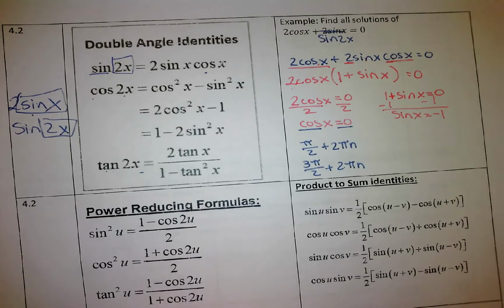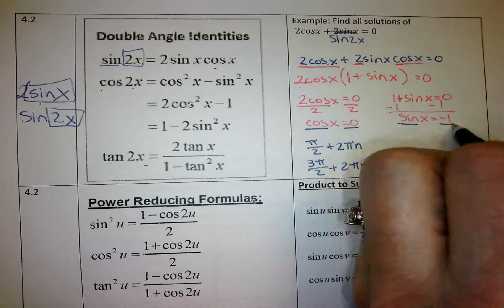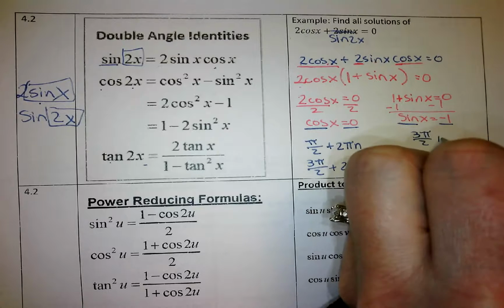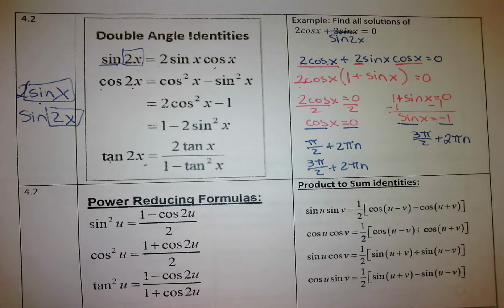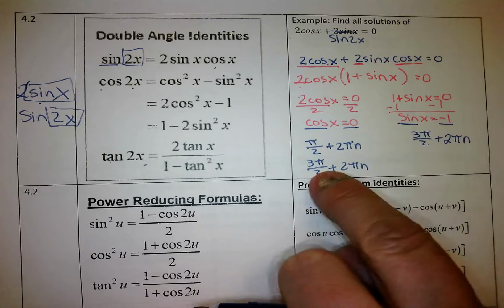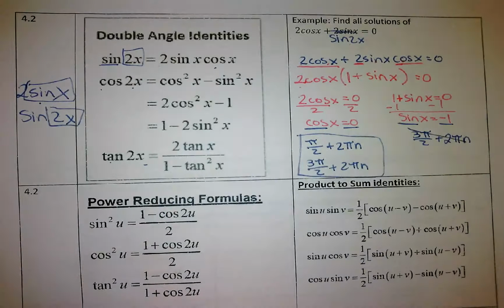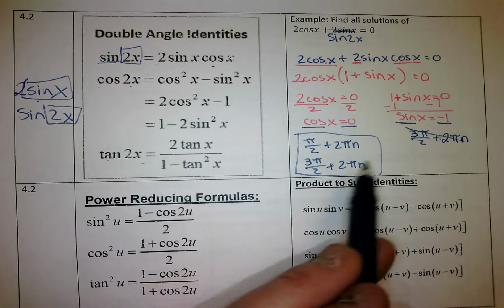Where is our sine equal to negative 1? That's only at 3 pi over 2, but also every time it repeats around that circle. Notice I've got it there twice. I don't have to include it in my answer twice because it's already there. It's okay if you leave it, but if I've already got it once, it's not going to make a difference which one I choose. It means the same thing.